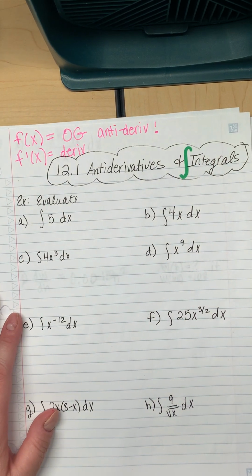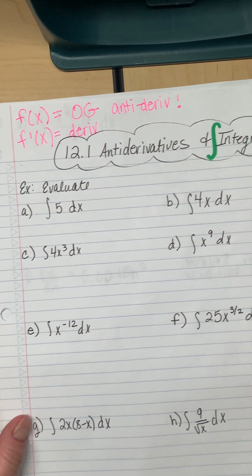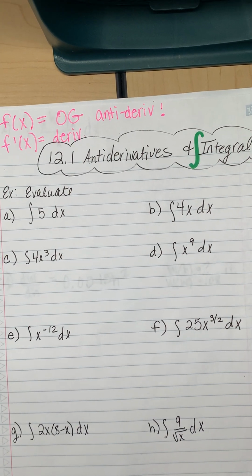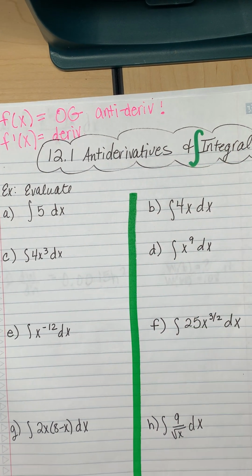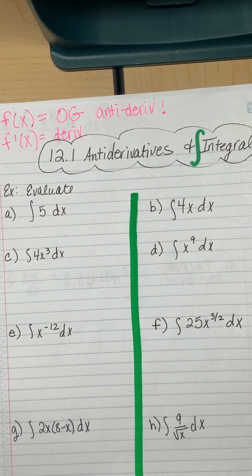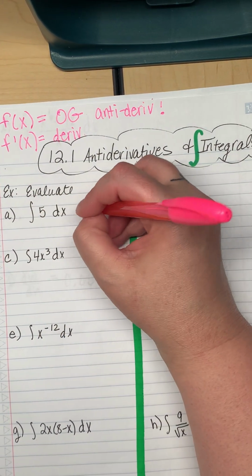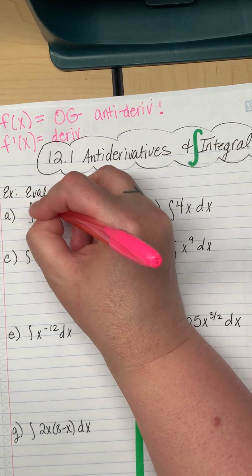This says evaluate the integral of 5 dx. Well, we can do this. This is just a 5, a naked number, a constant.